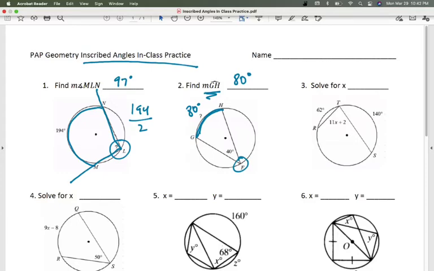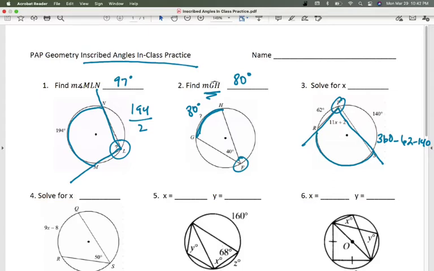Okay, here on this example, this is an inscribed angle because its vertex is on the circle. The part of the circle that lies between the sides of that angle is this arc right here. I need to find that arc measure. I have the other 2 arc measures, so I can do 360 minus 62 minus 140.